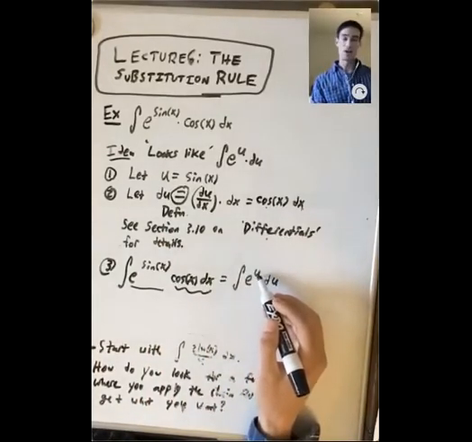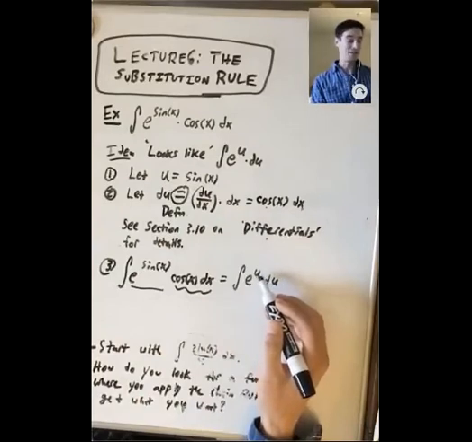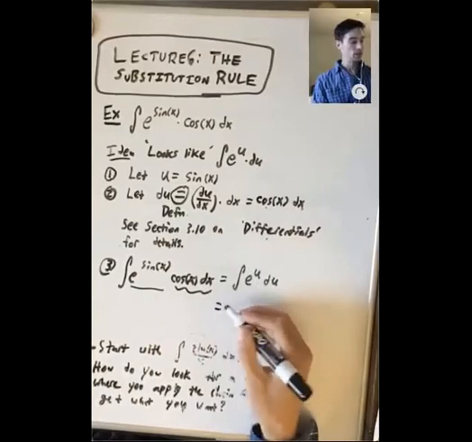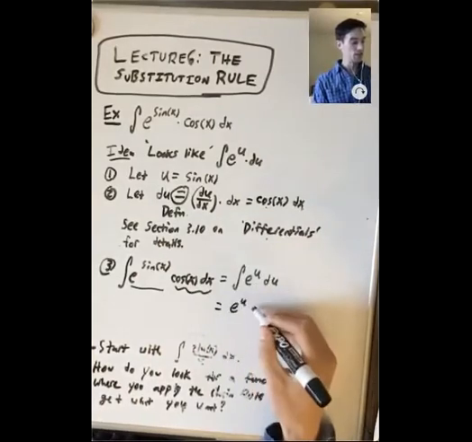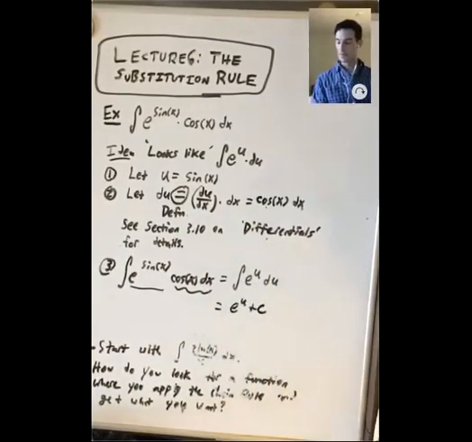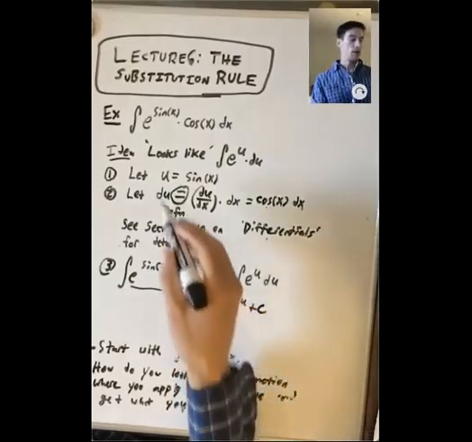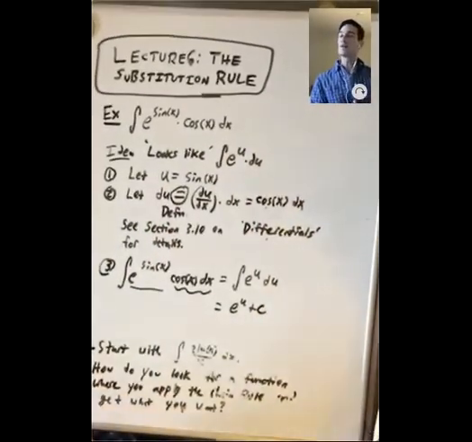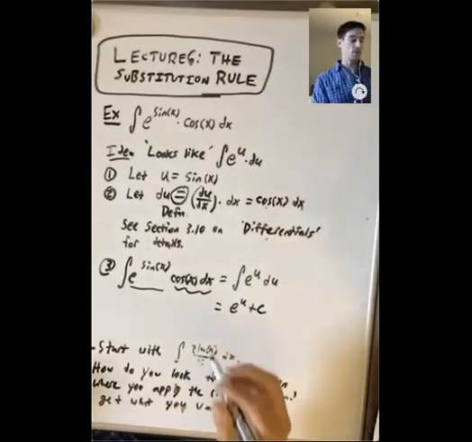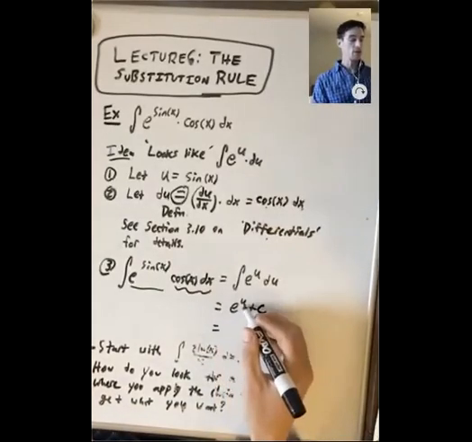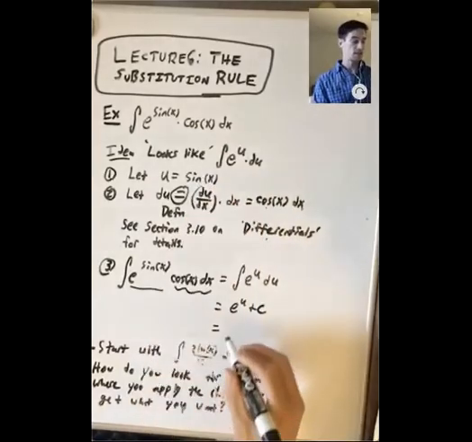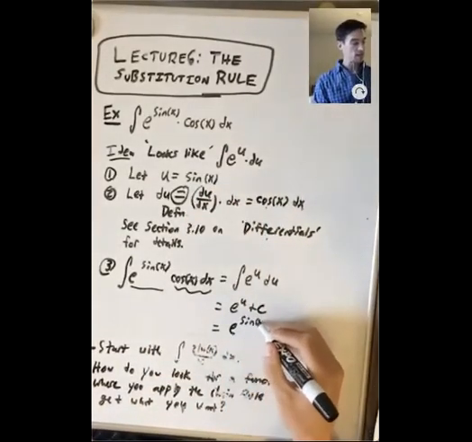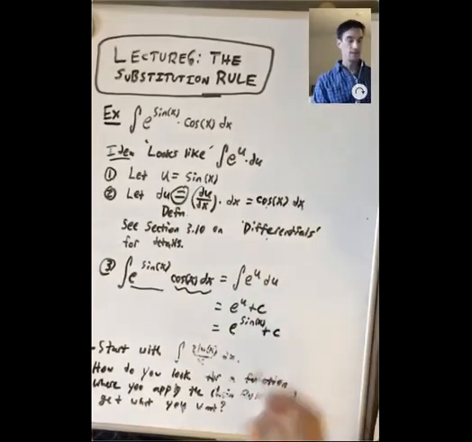So what is a function whose derivative is e to the u? What's an antiderivative of e to the u? Well, this is just e to the u plus c. But our original integral was in terms of the variable x, so we would like the answer to be in terms of x. But u is just equal to sine of x, so e to the u is e to the sine x plus c.